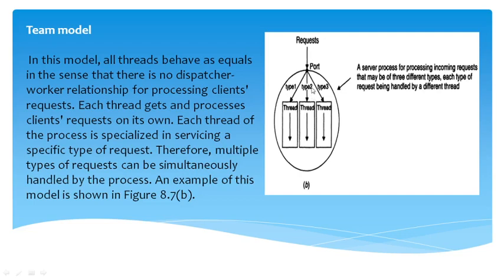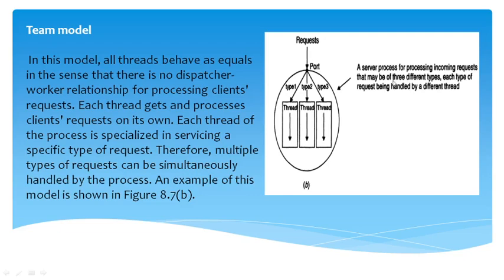Each thread of the process is specialized in servicing a specific type of request. This one is specialized in calculations, this one is specialized in analysis, like that. Each one will have a specific type of request and they are specialized in it. So multiple types of requests can be simultaneously handled by the process.